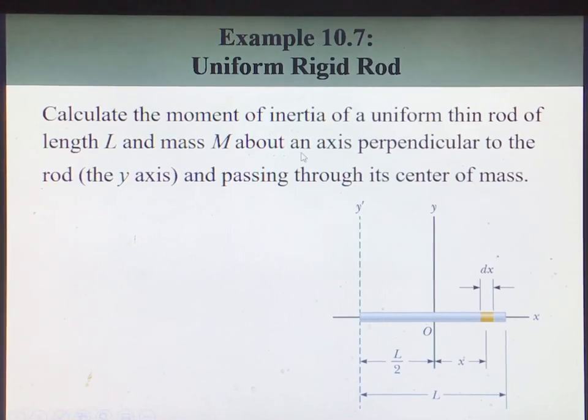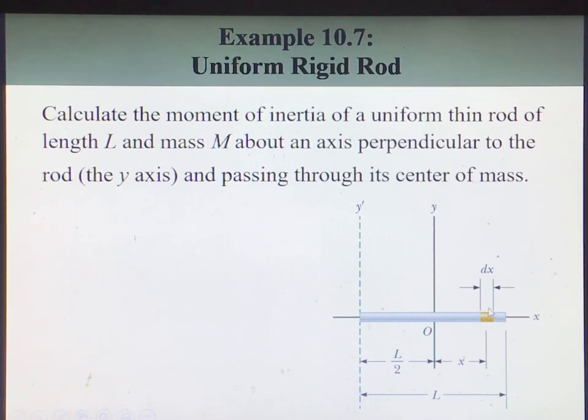So this is example number 10.7. I want to calculate the moment of inertia of a uniform rigid rod about an axis that goes through the center. Using calculus, I can pick a small element dx here.